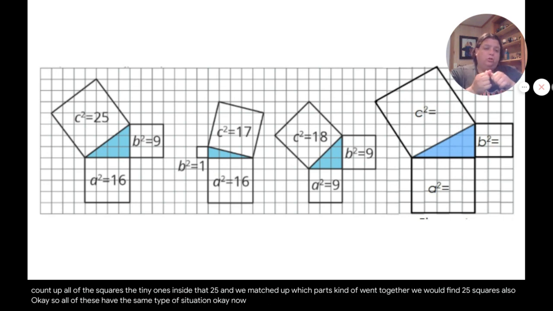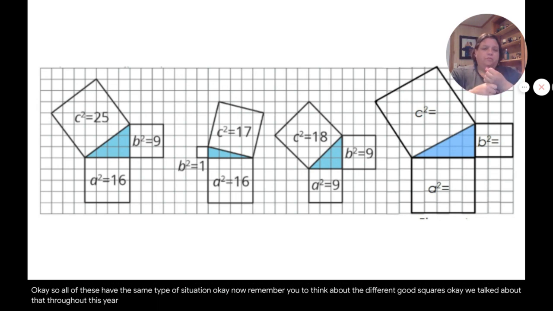Now remember, I want you to think about the different perfect squares, okay? We've talked about that throughout this year. So you'll see some of them here, right? Okay, 4 by 4 is a perfect square.